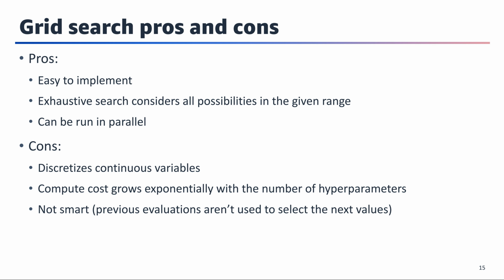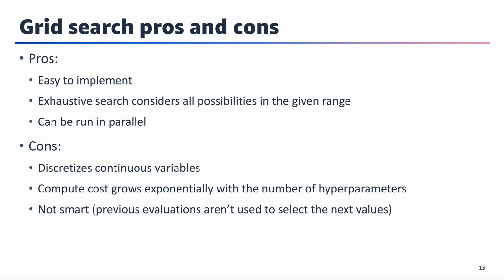Grid search is a straightforward approach to hyperparameter tuning, with several advantages. It is easy to implement and provides an exhaustive search, considering all possibilities within the specified range of hyperparameter values. Additionally, grid search can be parallelized, allowing for efficient exploration of the search space. However, grid search also has some drawbacks.